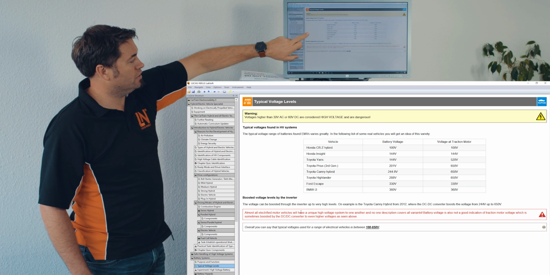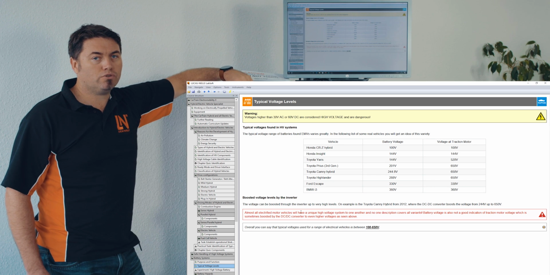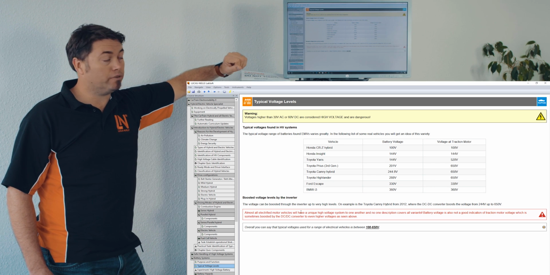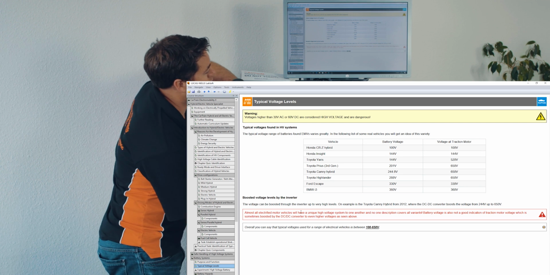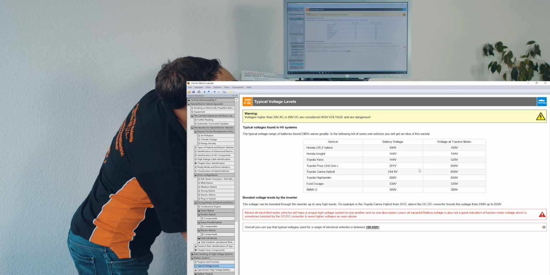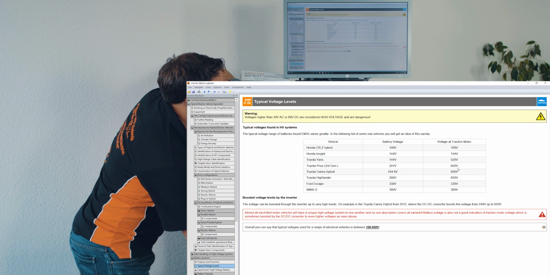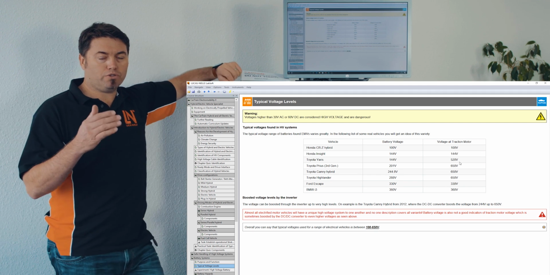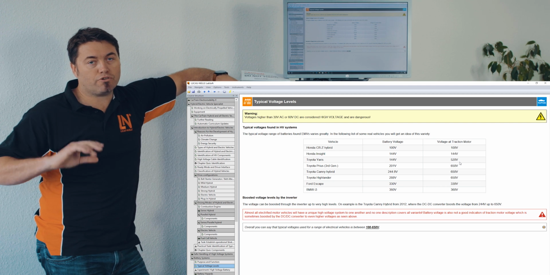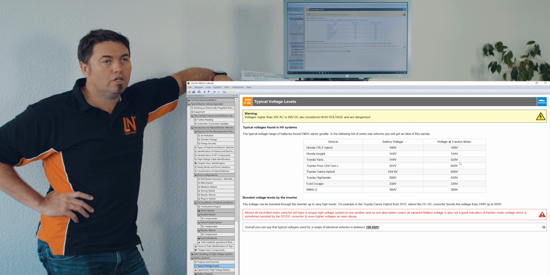The exceptions here are usually Toyota, Lexus vehicles, so they'll use a buck boost converter. That increases the voltage from the battery, anywhere from around 200 volts to almost 300 volts. And you'll see the voltage will increase up to 650, almost 700 volts.